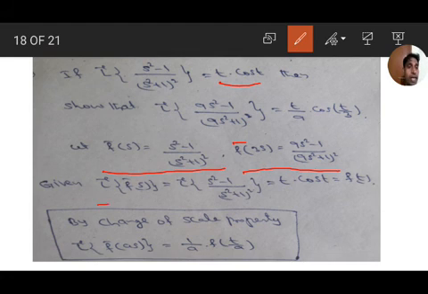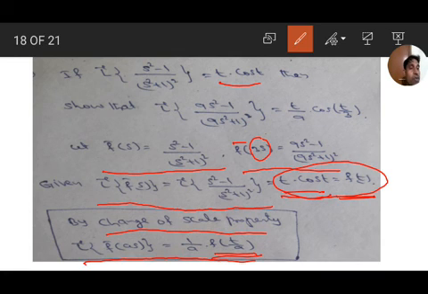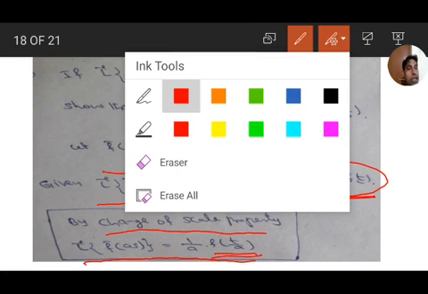Given L inverse of f bar s equal to t into cos t, take it as f of t. By change of scale property, L inverse of f bar of as is equal to 1 by a into f of t by a. Here a equal to 3, so L inverse of f bar of 3s equals 1 by 3 into f of t by 3. In the place of f of t we have to substitute t by 3.